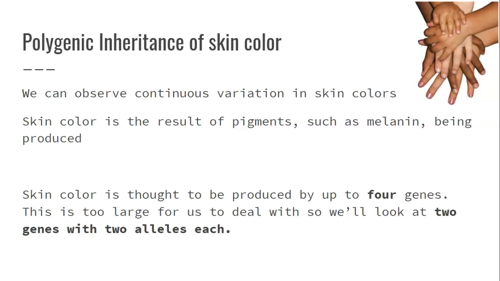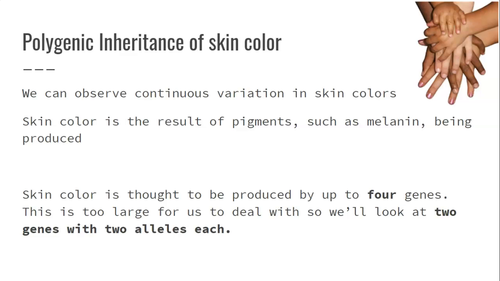Skin color is the result of pigmentation, right? Melanin being produced in the skin. Skin color is thought to be produced by up to 4 genes. That is too much for us to deal with right now. So we're just going to look at 2 genes with 2 alleles each.